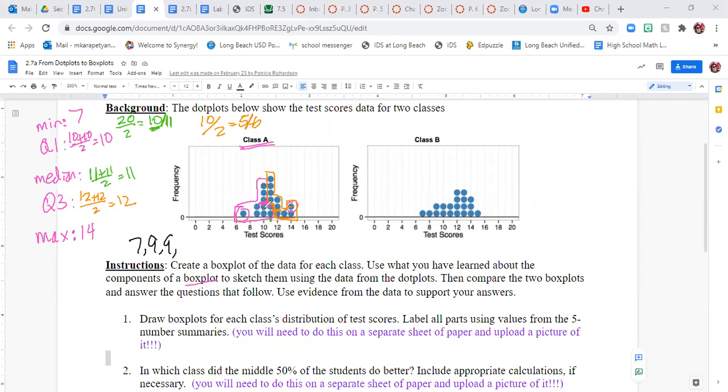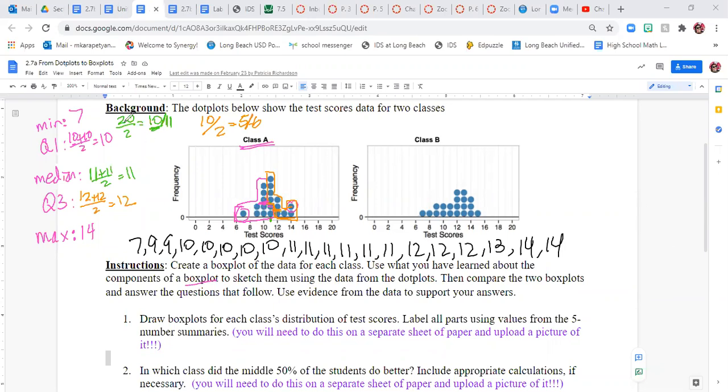These are all 10, so 10, 10, 10, 10, 10. 6 11s here, so 11, 11, 11, 11, 11, 11. 3 12s, 12, 12, and 12. 1 13, and 2 14s. So you could do the whole thing with a list of numbers, and you would get the same exact thing. Okay? You would get the same exact thing.